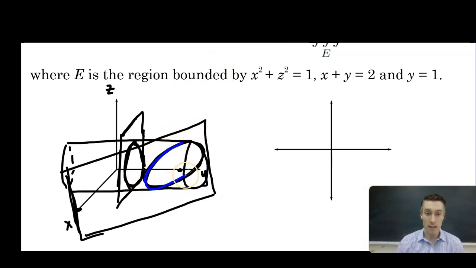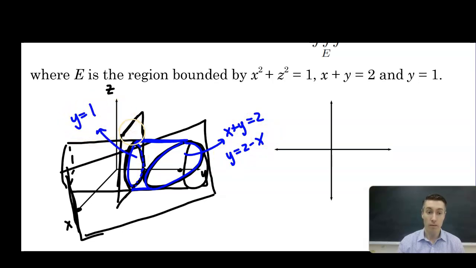The solid itself is this truncated cylinder that starts at y equals 1 and goes till it hits the plane x plus y equals 2. So up here, that's x plus y equals 2. Now we want it as a y equals surface, so y equals 2 minus x. At the bottom, we have y equals 1.